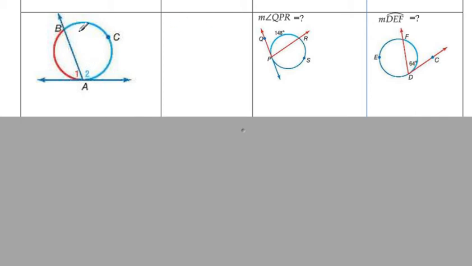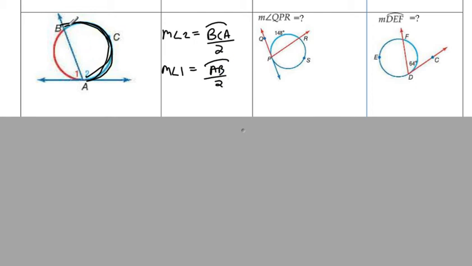So if we were looking for the measure of angle 2, if you can see the blue arc, the measure of angle 2 will just be arc BCA divided by 2. And the measure of angle 1 will just be arc AB divided by 2, because it's an inscribed angle with the vertex on the circle.